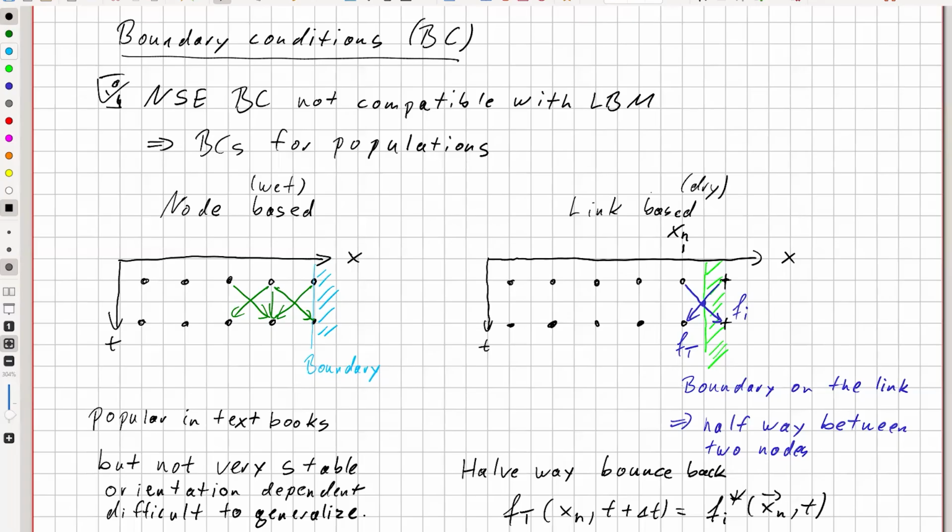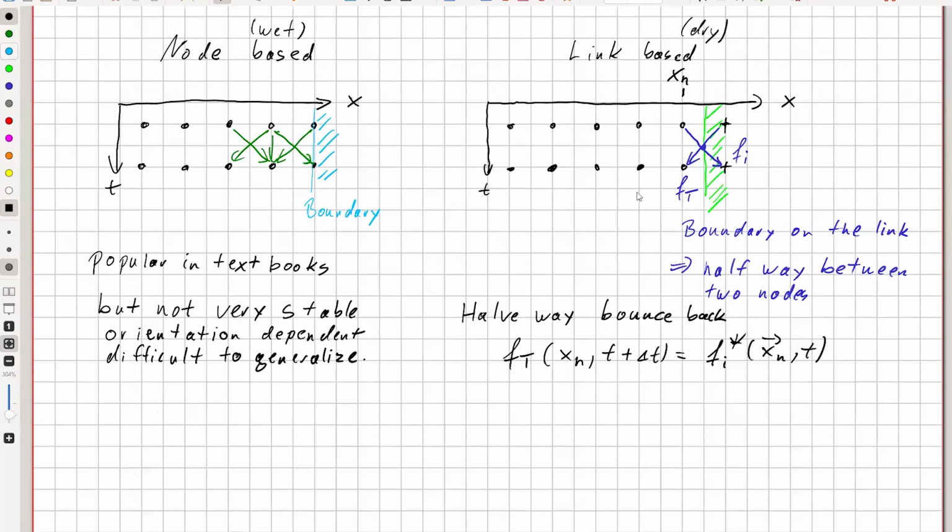We simply return this here. So what boundary condition does this imply?